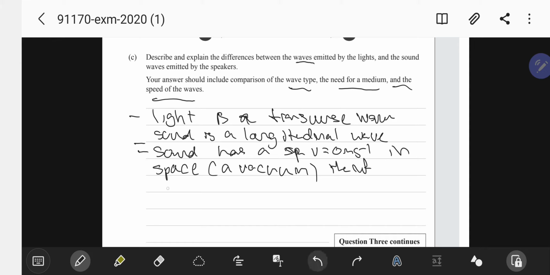Therefore, it needs a medium to propagate, I think. That's what we would write.